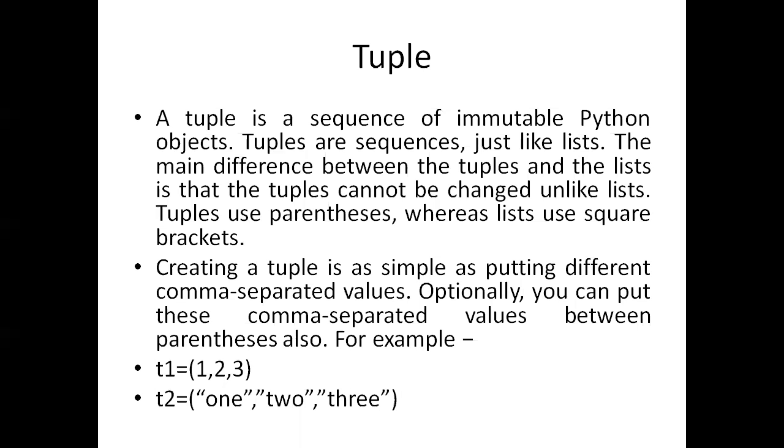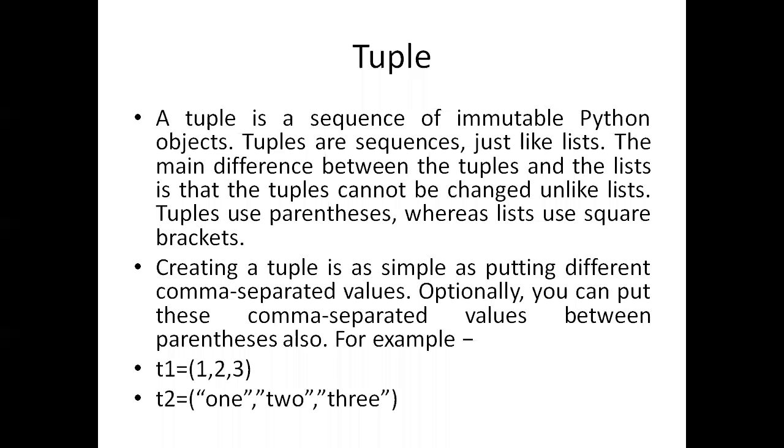The first difference you should say is that tuple is an immutable object and list is a mutable object. In a tuple, it is not possible to modify the elements, but in a list, we can perform modification.